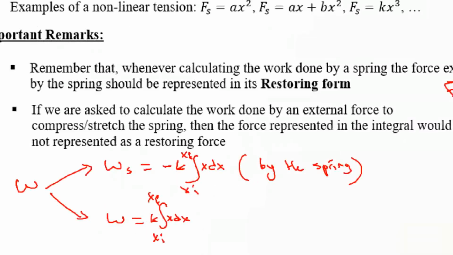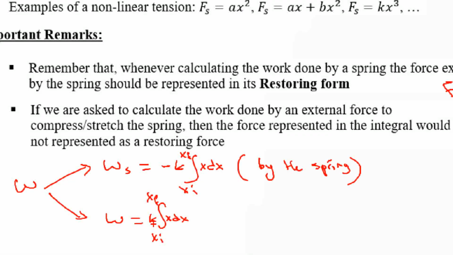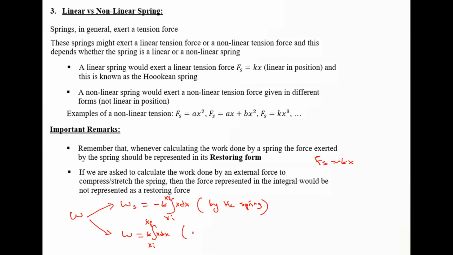So here the difference between this and that is just a minus sign, and that would be the work done by an external force to compress or stretch the spring. Alright, then we're differentiating between two works. If we're talking about the work done by the spring itself, we need to use the restoring form. If we're talking about the work done by an external force, we just put the magnitude.